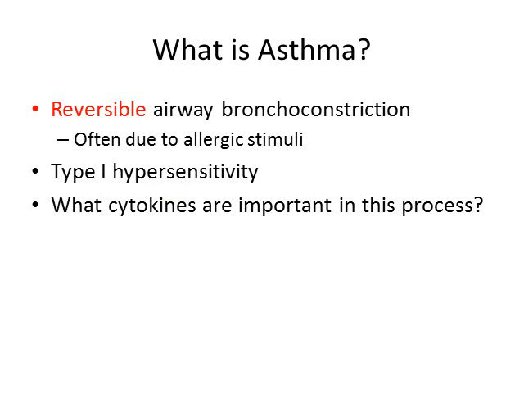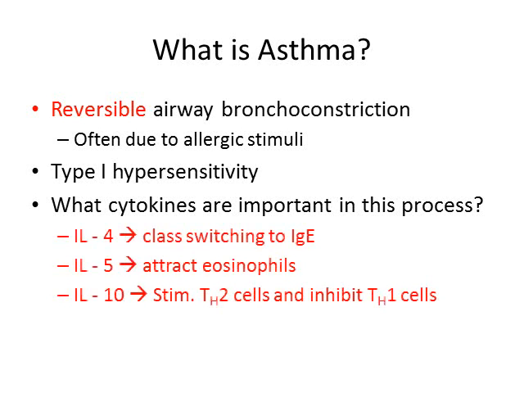So quickly, what cytokines are important in type 1 hypersensitivities in general, but specifically here with asthma? I'll give you a couple of seconds here. All right, so basically we have IL-4, which allows us to class switch to IgE. We have IL-5, which allows us to attract eosinophils.